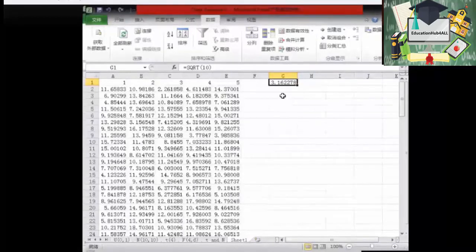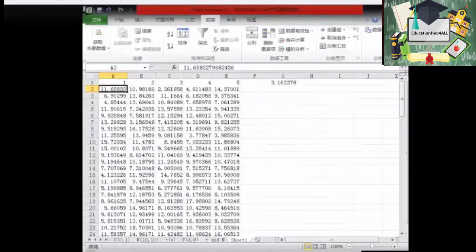Which function? From data analysis, random number generation. Here you input the 5, because in one repeat we have 5 data points, and we want to replicate 100 times. Here you select the normal.